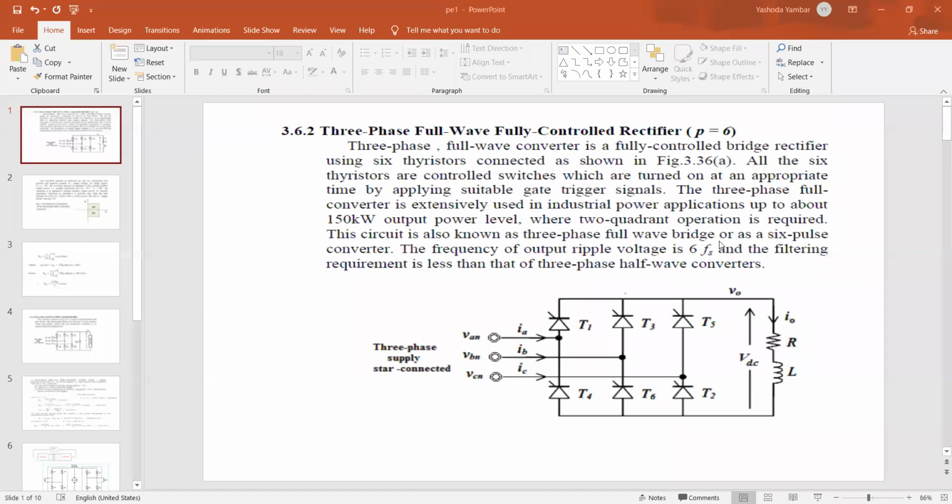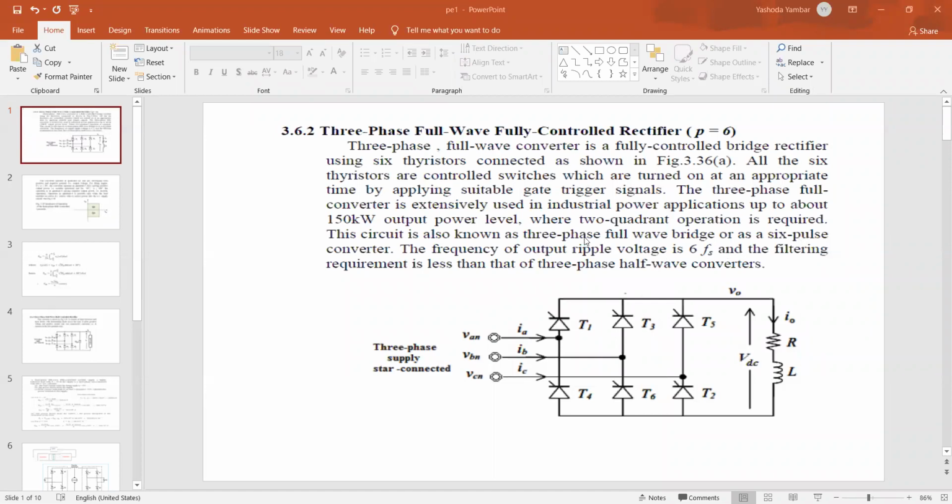For practical explanation, I have taken this example. Fully controlled converters always provide speed control of the motor in forward as well as in backward direction. Now let us concentrate on today's class. Three-phase full converter, another name is 6-pulse converter, with 6 SCRs.